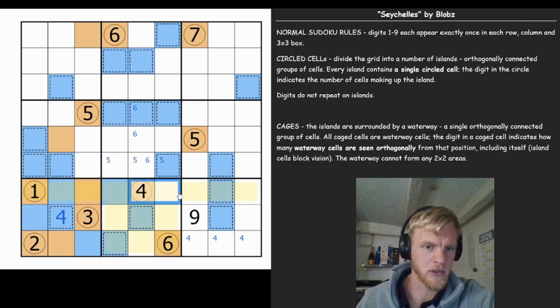The 4 can go in the middle, but could also be... the 4 cannot touch the 9, right? So even if it goes to the right, this needs to be part of the 4.